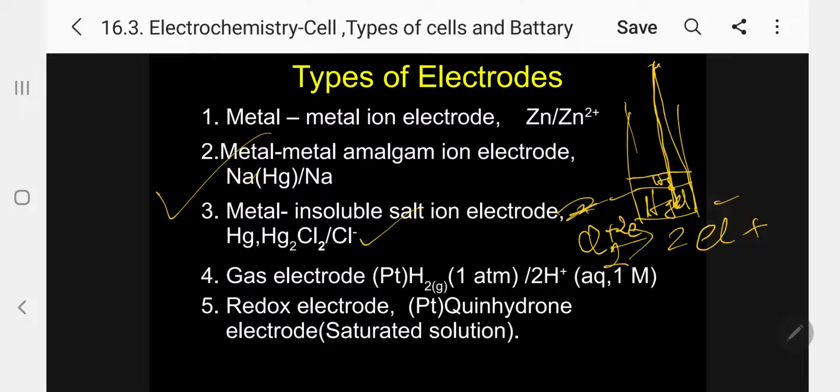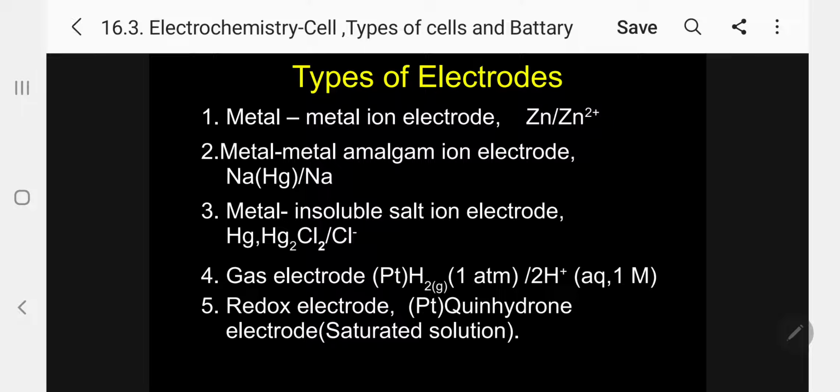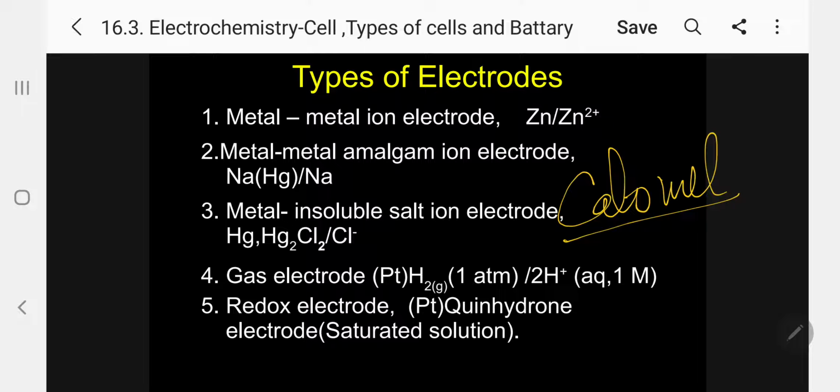Kindly follow. By accepting 2 electrons, it will go to 2Cl-. So this is called the metal insoluble salt ion electrode. Another famous name is the calomel electrode. Here is the interesting information I want to give.